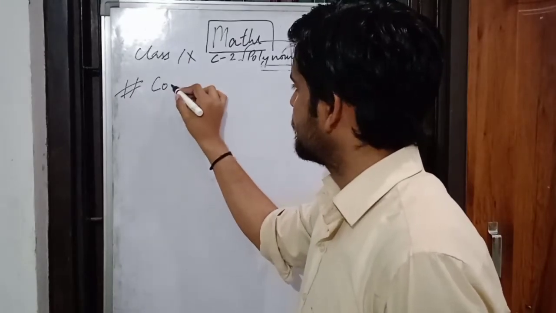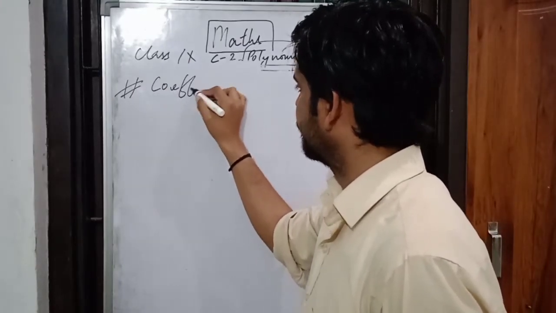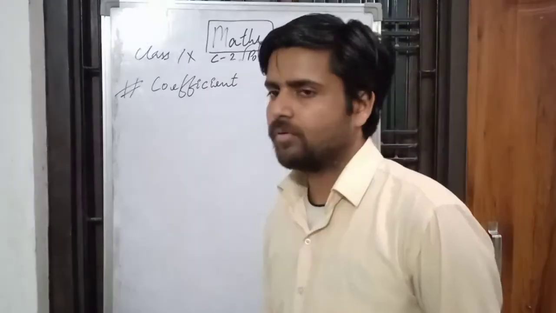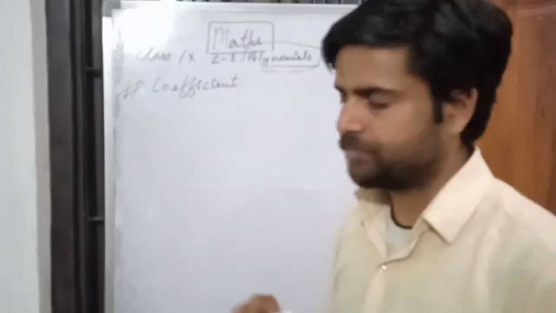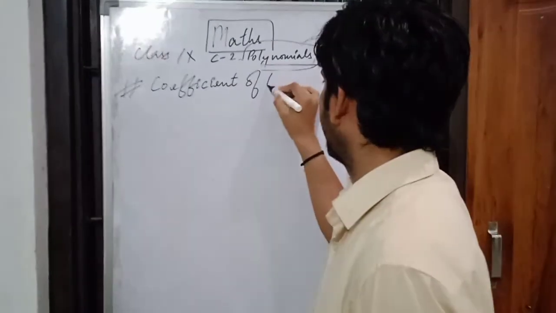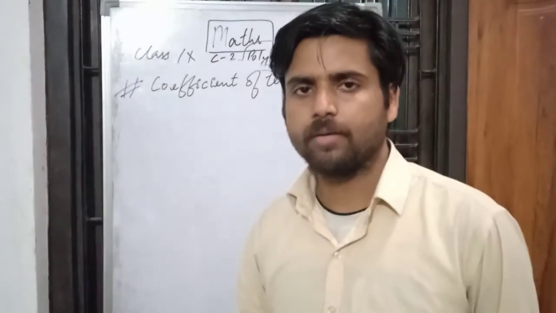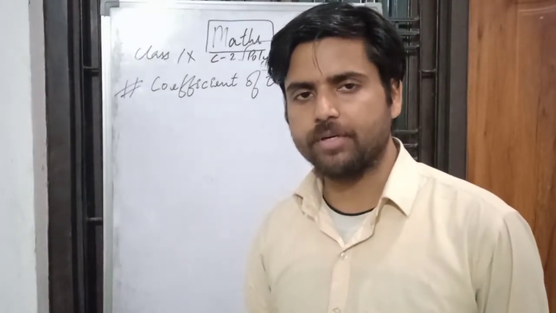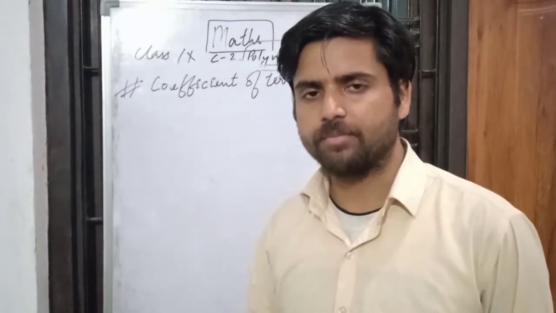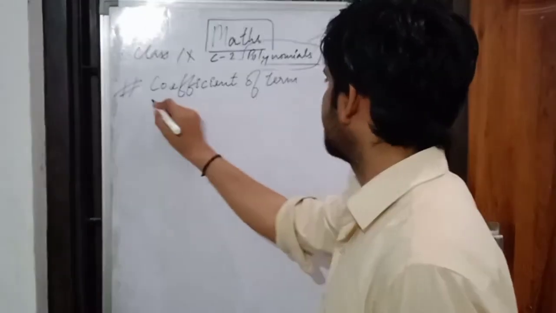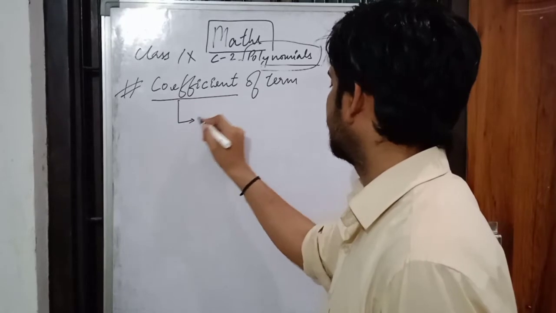The next concept is the coefficient of a term. In class 7th you have studied what the coefficient of any term is, so we are going to deal with that. Here you have two types of coefficient.